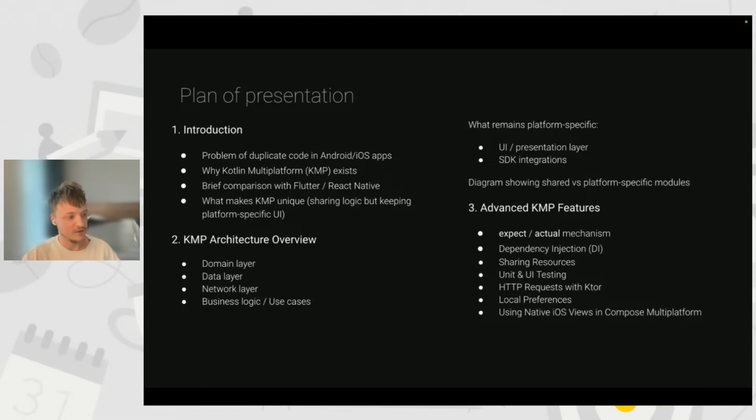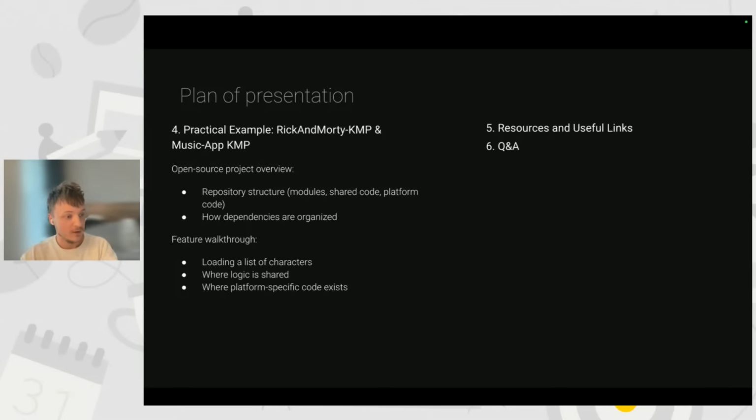Talking about advanced KMP features, we will discuss things like the expect/actual mechanism, dependency injection, sharing resources, and much more. Then we'll go through the practical example connected with two applications, Rick and Morty KMP and MusicApp-KMP. After it, I will share some resources and useful links, and we'll have a chance to hold a Q&A session.